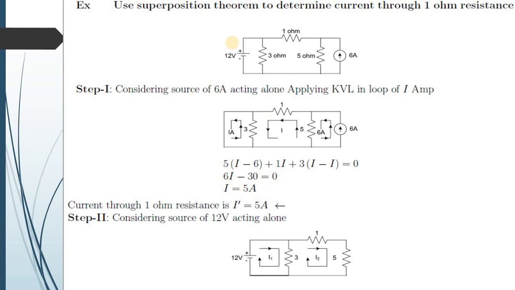So that's why this is neglected, and the only current flowing is 6I minus 30 is equal to 0, and from that we can calculate I is equal to 5 ampere.